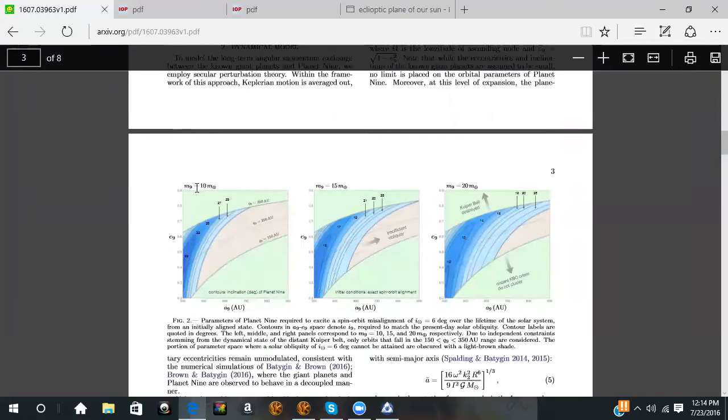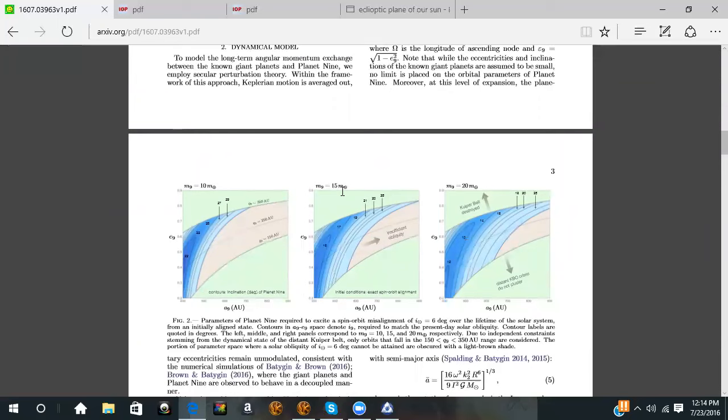This means 10 Earth masses. That symbol is Earth, and that's the mass 10. This is 15, that's 20. Okay, so when they ran the model at 20 Earth masses, it destroyed the Kuiper belt, and there would be no orbits of any Kuiper belt objects. So they know that's not what's going on. They did 15, and there was just an insufficient obliquity to the sun.